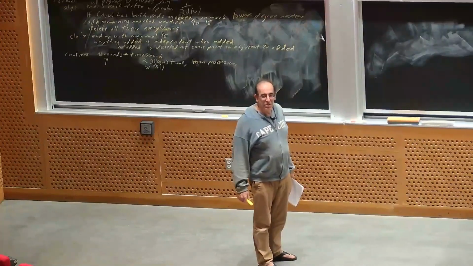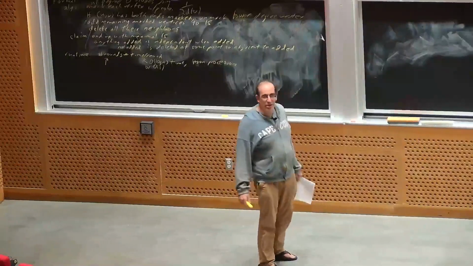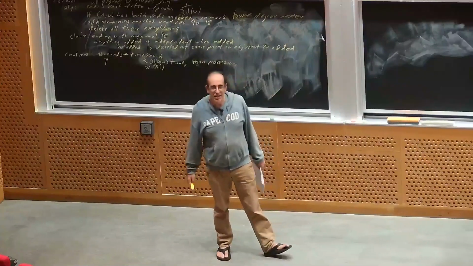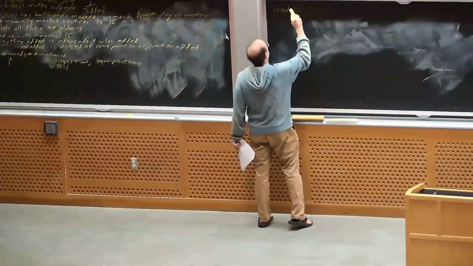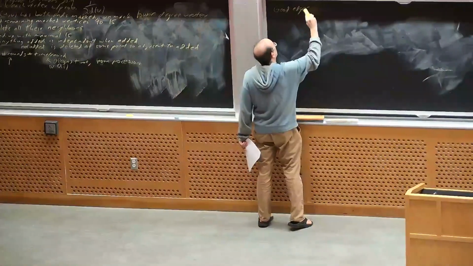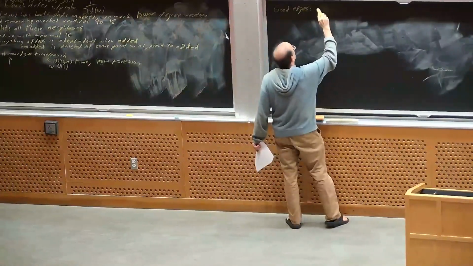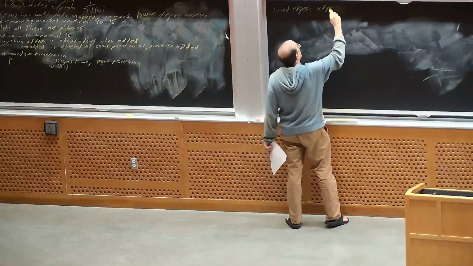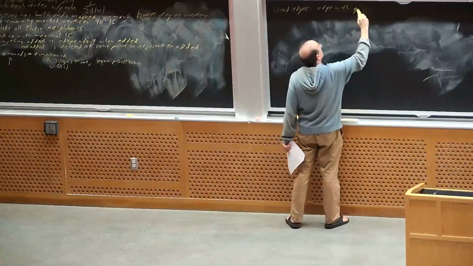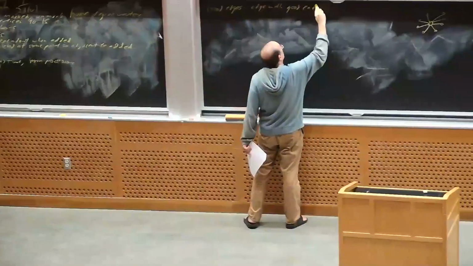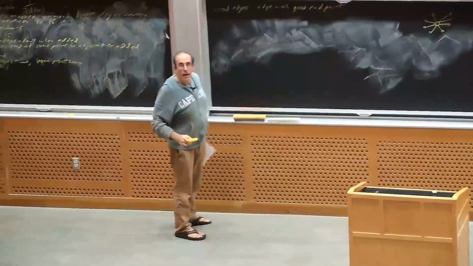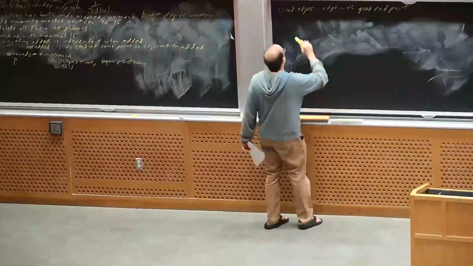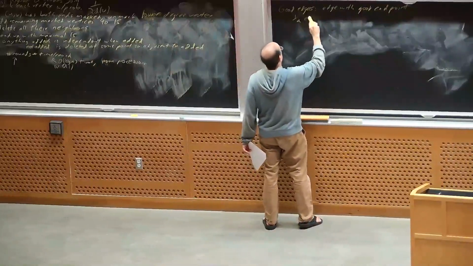So we can't really just talk about good vertices, but instead we're going to talk about good edges. A good edge is one that has a good endpoint. And what I'm going to prove to you is that roughly half the edges are good.